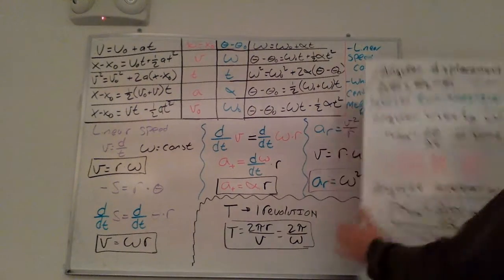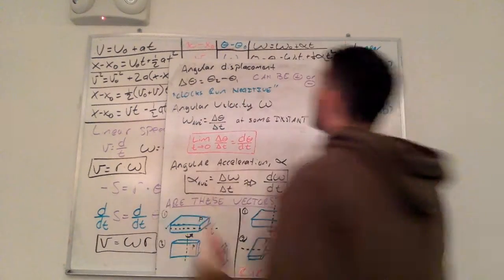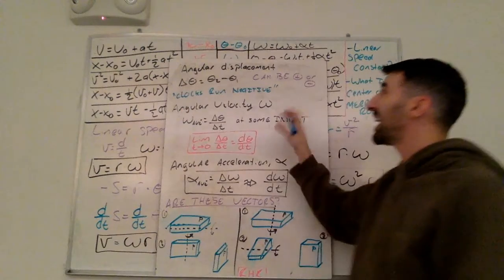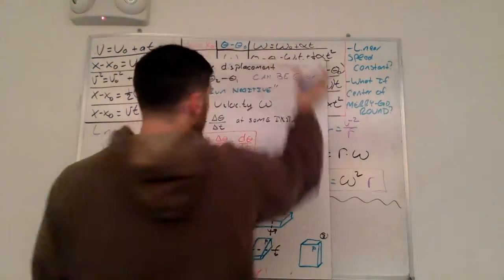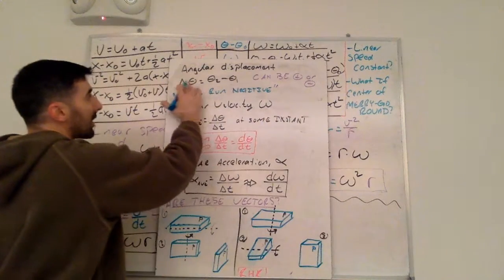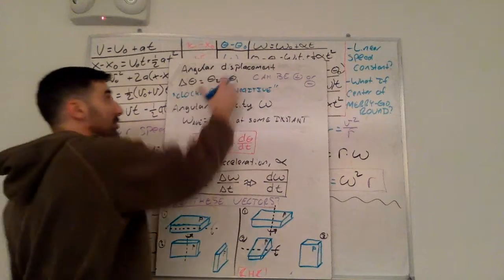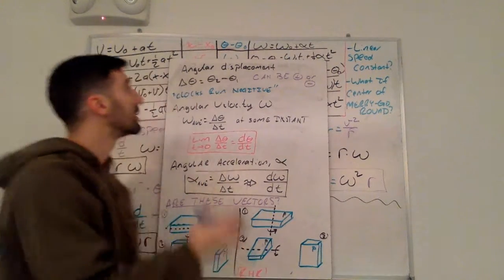To move on, and to develop this brand new language, we need to be able to describe these angular displacements in different terms. We just spoke about that angle theta. A change in my angular displacement is theta 2 minus theta 1, again with regard to that reference line that I had drawn earlier.